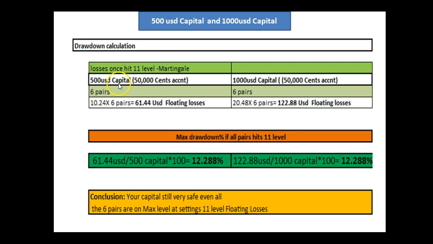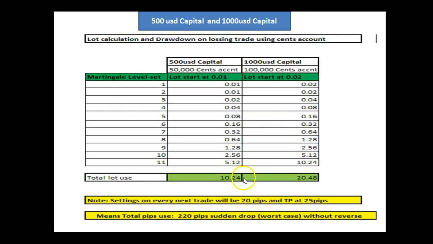So your 500 US dollar capital with 50,000 cents account. Now we are using 6 pairs. If you are using 500 US dollar capital, we try to use about 6 pairs. How much is our drawdown here? Remember that our total lot size used if you hit 11 level will be 20.24.